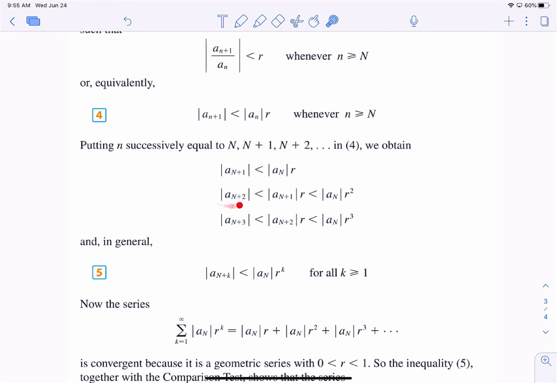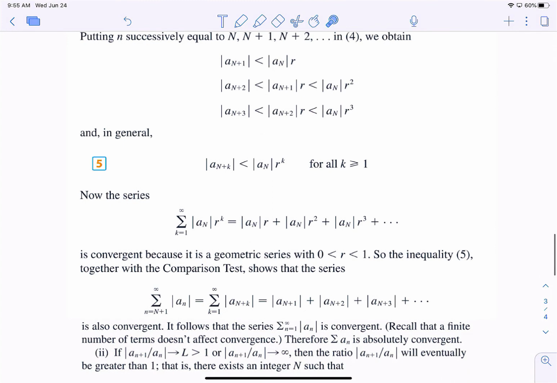For a sub n plus 2, you end up with another factor of r. A sub n plus 3 is less than absolute value of a sub n times r cubed. And in general, the absolute value of a sub n plus k is less than or equal to the absolute value of a sub n times r to the k for all k greater than or equal to 1.